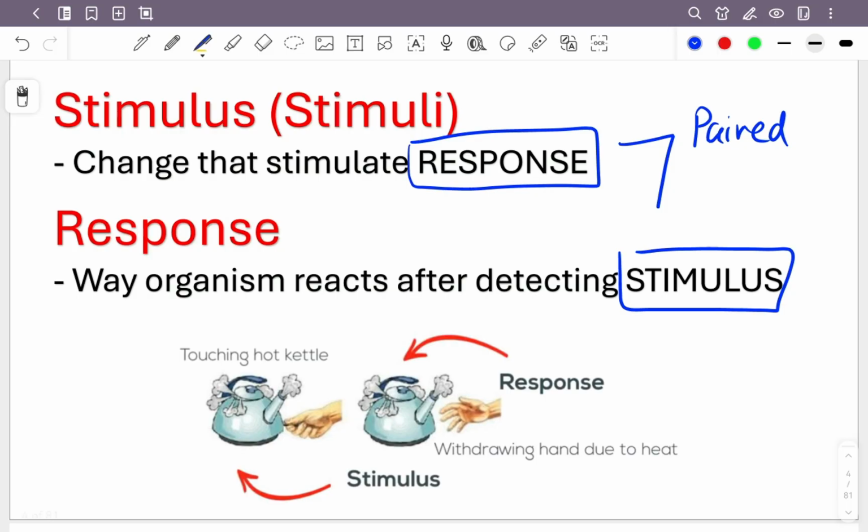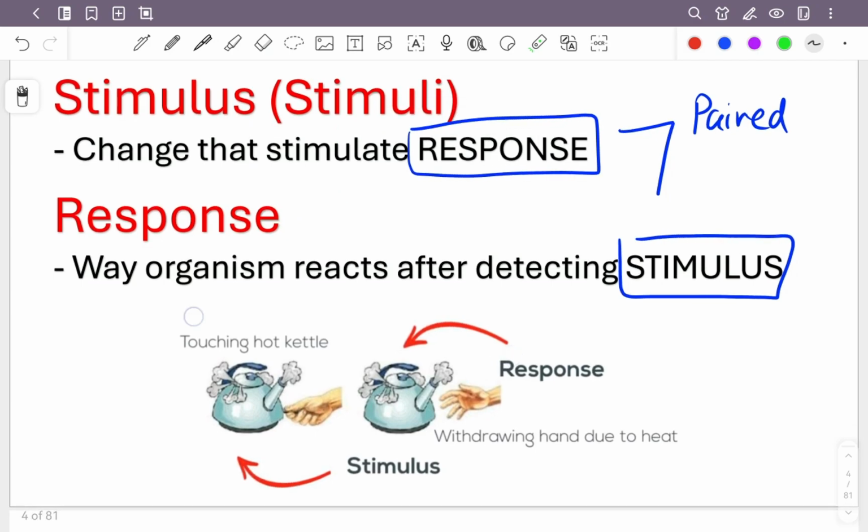Means that whenever you see stimulus, there will be a response. Understand? Whenever you see a stimuli or stimulus, you will see response. Unless your body cannot function normally, unless your body has a problem, maybe from a health aspect. In some cases, some people with health conditions, when there is stimulus, maybe they cannot carry out proper response. But for normal people, whenever there is stimuli, supposedly there will be a response.